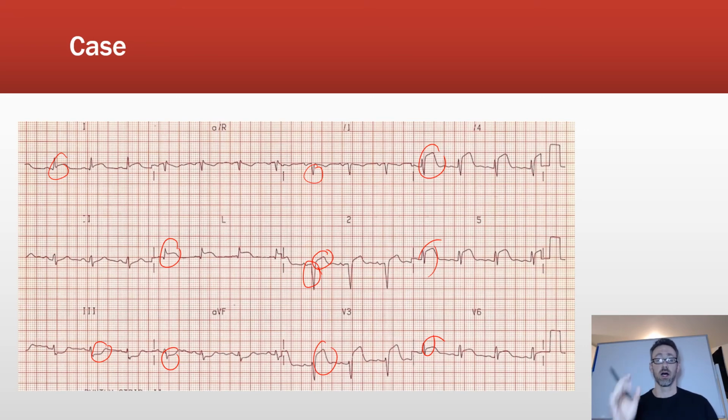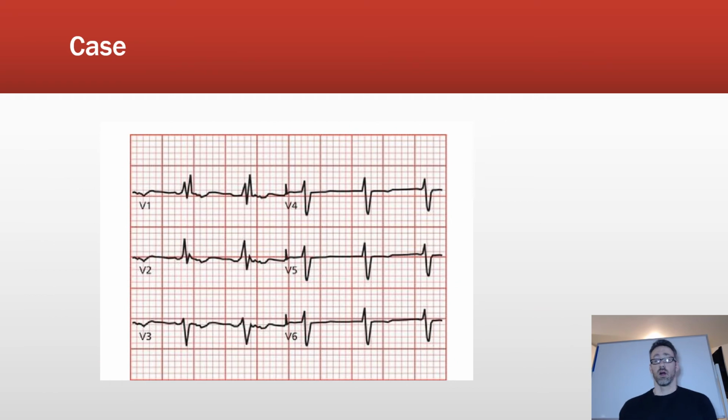It could be an occlusion there, which would affect both those artery distributions. All right, in this case, I'm really just giving an example of the chest leads so that you guys can get some practice with pattern recognition.